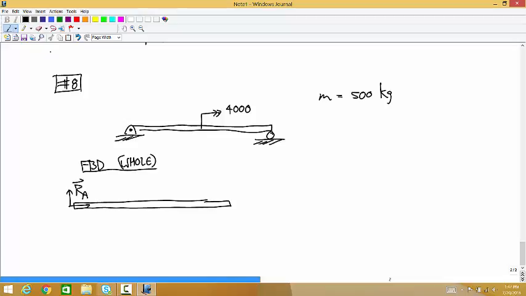So you have a force vector here, a point torque here, an upward force, I'll call that RB. And then at the center we have the weight, 500 times 9.81, so 4905.